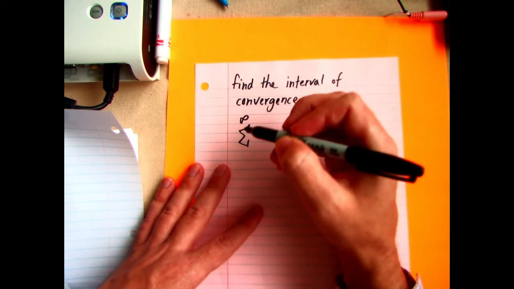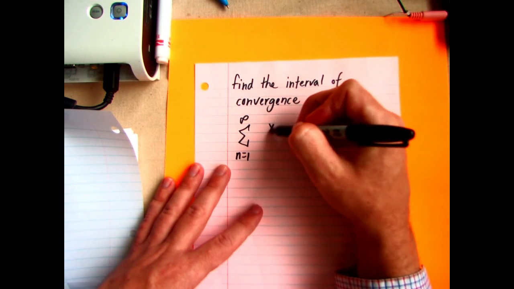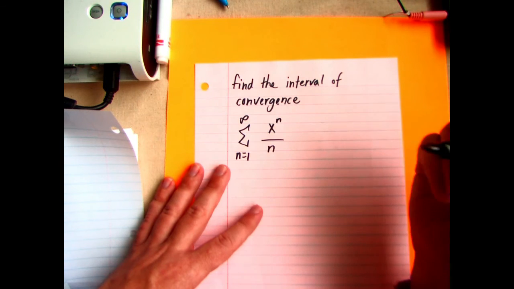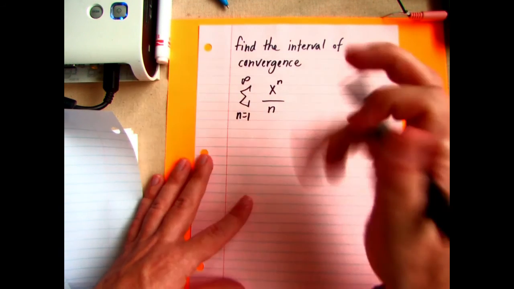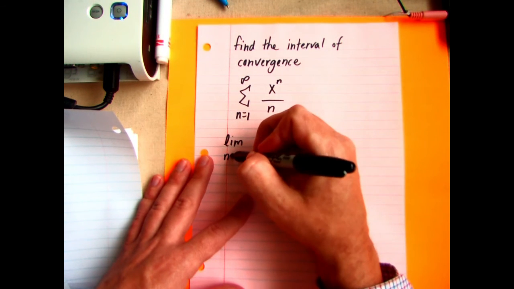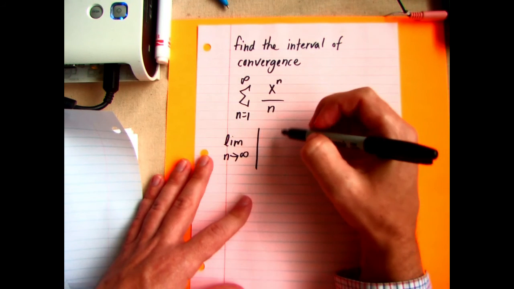Alright, I believe I got one more example for you. We're going to do the infinite sum, this time from n equals 1 to infinity, x to the n over n. So I'm going to quickly get this limit simplified for my ratio test.